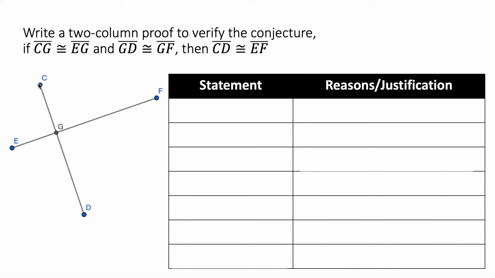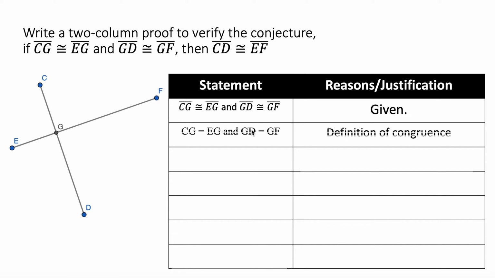Right, next one. Here we've got CG is congruent to EG, and GD is congruent to GF. So then we have to show that CD is congruent to EF. So we start with what we're given. We always write down what we're given. We've got congruent. To make it easier, we'll change to equals. So that means length of CG equals length of EG, length of GD equals length of GF.